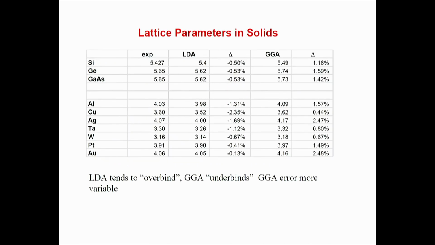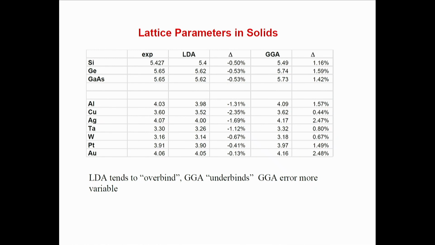And if one looks at simple solids, one finds also a reasonable pattern of results, and quite consistently, LDA tends to overbind again. So the equilibrium lattice parameters are typically smaller in LDA than the true ones.